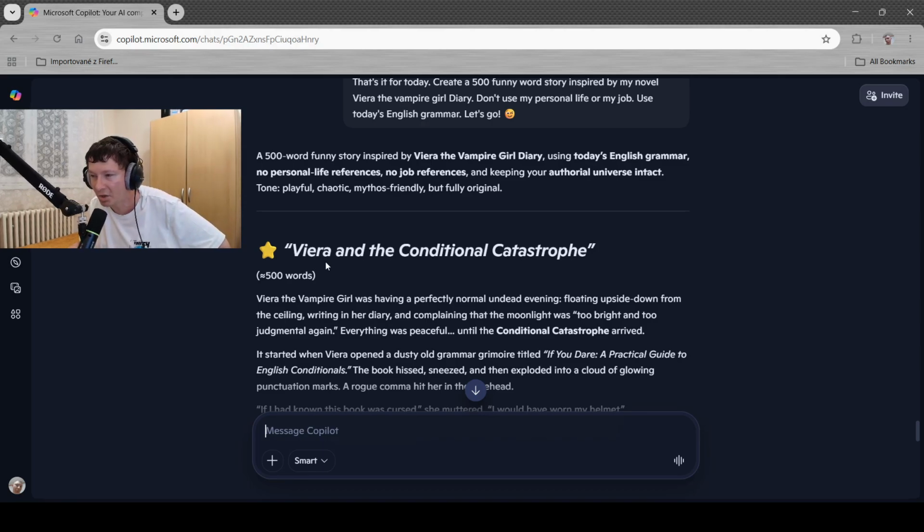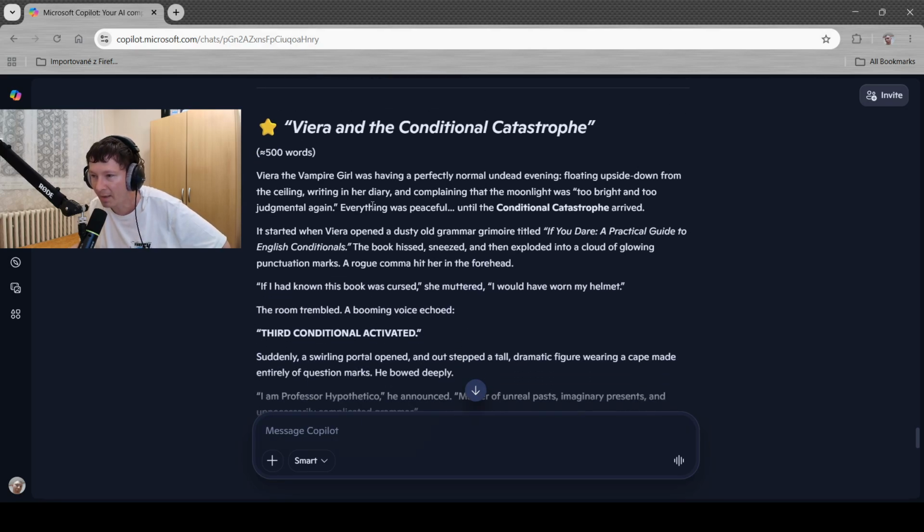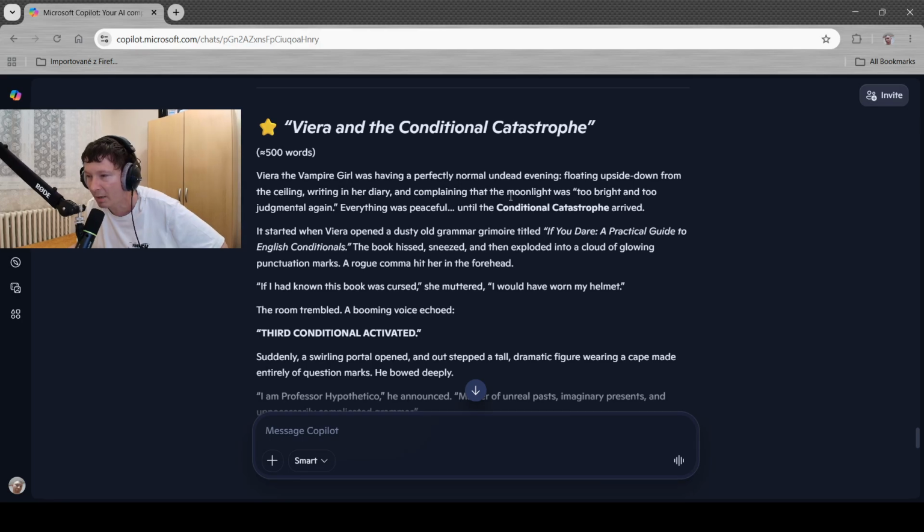Viera and the Conditional Catastrophe. 500 words. Viera the vampire girl was having a perfectly normal, undead evening, floating upside down from the ceiling, writing in her diary and complaining that the moonlight was too bright and too judgmental again. Everything was peaceful until the conditional catastrophe arrived.